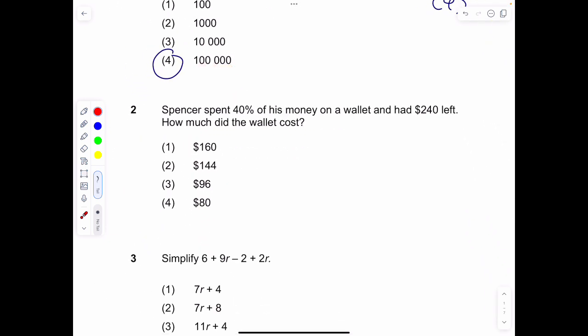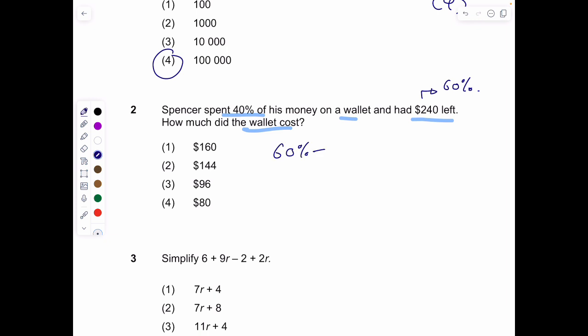Question 2. Spencer spent 40% of his money on a wallet and had 240 left. How much did the wallet cost? So we know that this 240 is actually 60%, right? Therefore, there's a few ways of doing it. One is 60% is 240. 1% would be 240 divided by 60.